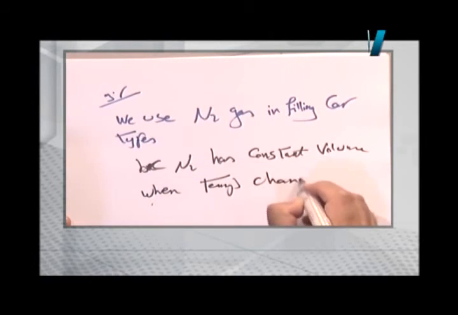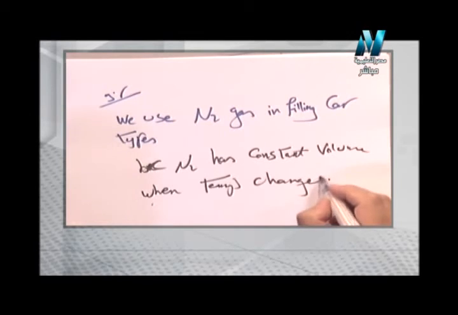When the weather outside gets hotter, its volume does not change, it stays almost constant to a great extent. That is why I can use nitrogen gas in filling car tires, because it keeps its volume and doesn't contract by cooling and doesn't expand by heating, so its volume remains stable.